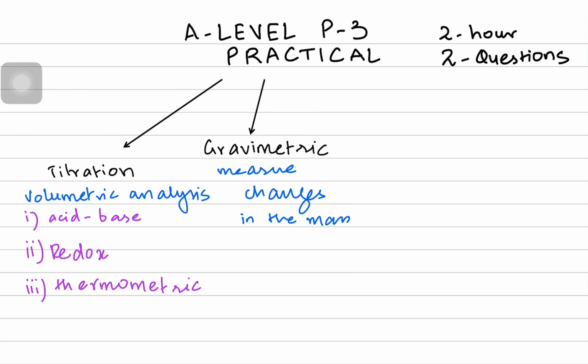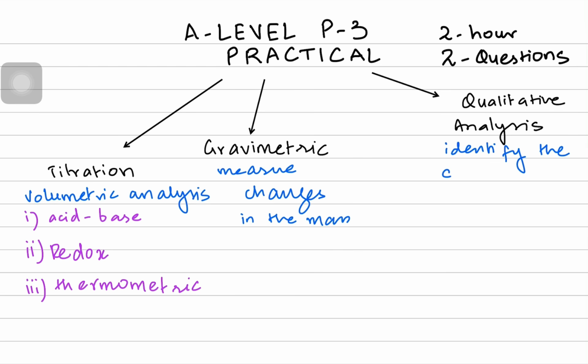Third kind of question that normally is encountered in A-level practical examination is the qualitative analysis. In a qualitative analysis question, you basically identify the cations and anions in a given sample.